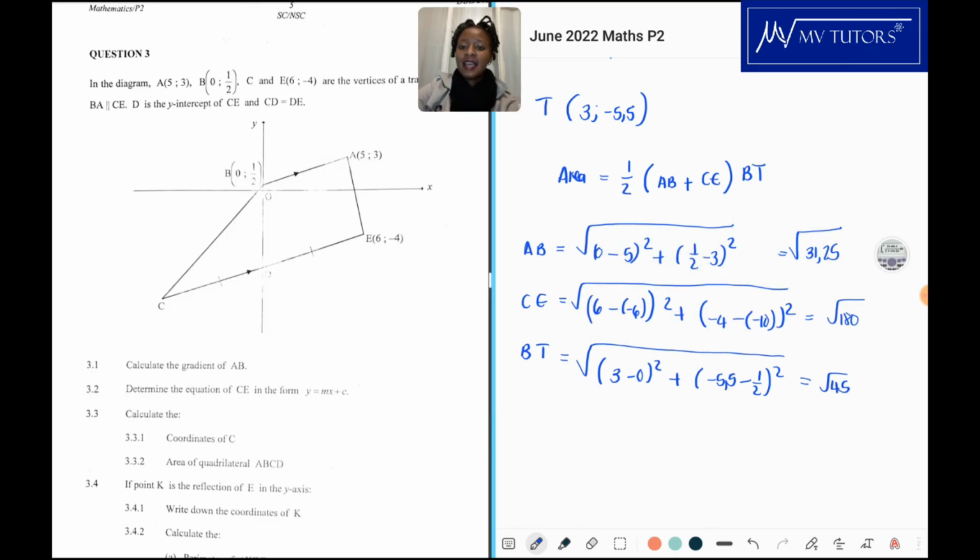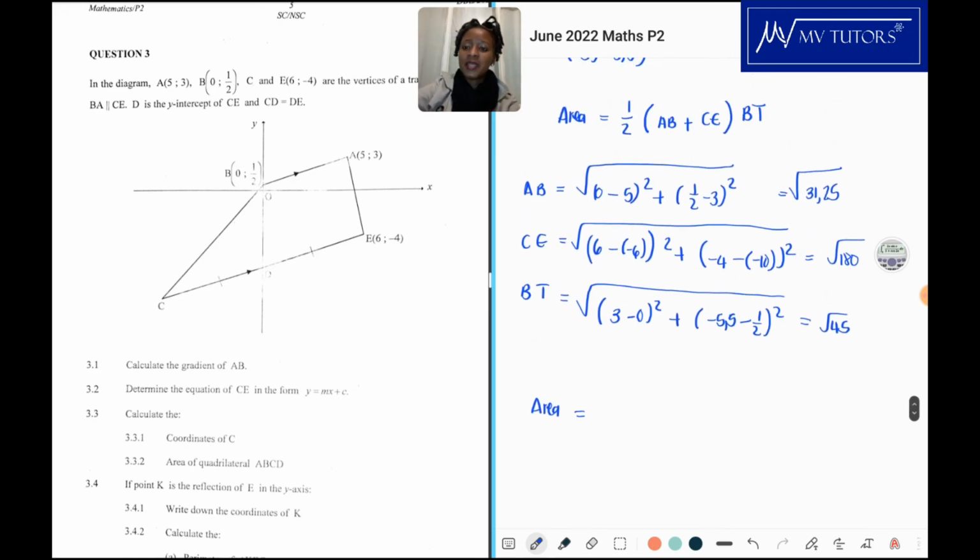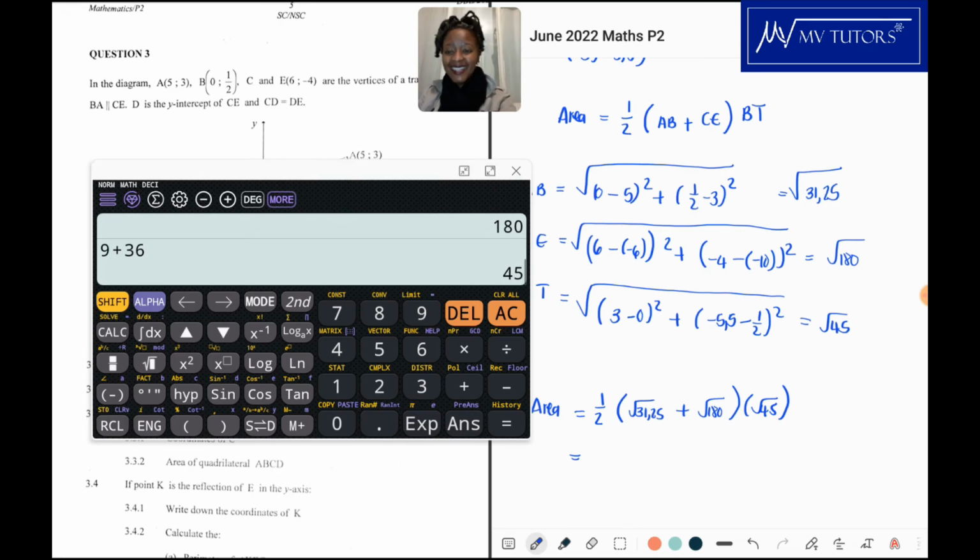Okay. And then now we can plug in the values and finally determine what the area is. They didn't give us units, no? They didn't give us units, you just write units squared. So I have half, and then AB is root 31,25 plus CE, which is root 180, BT, which is root 45, and now we can finally get the answer.